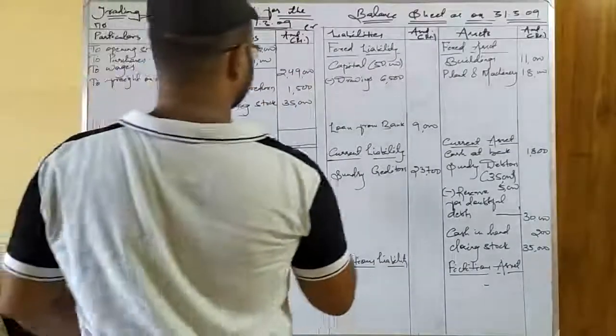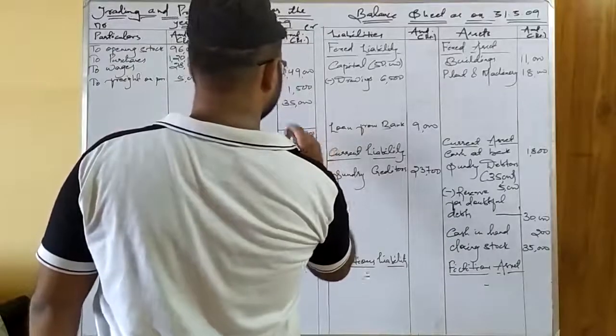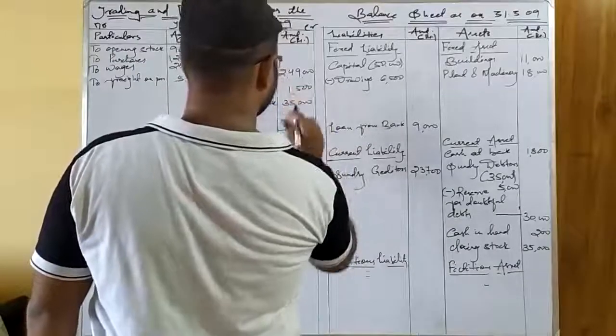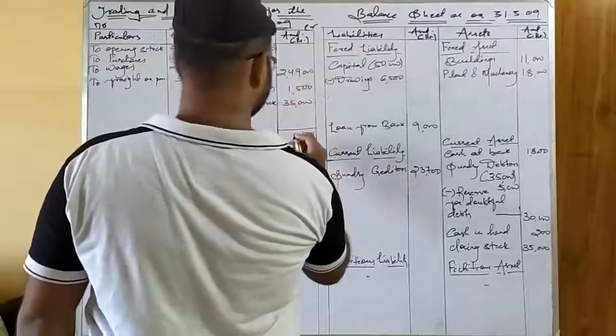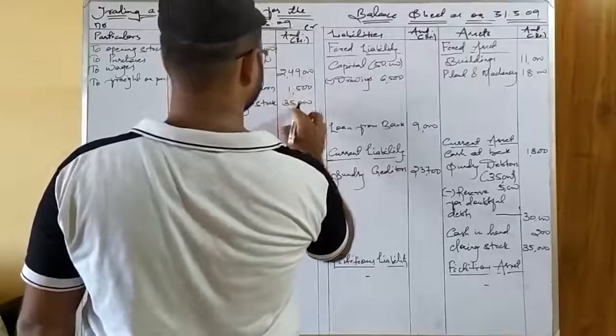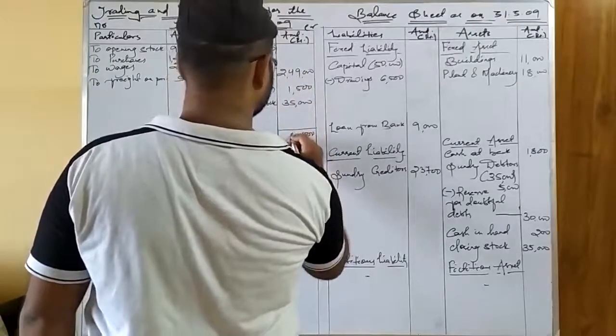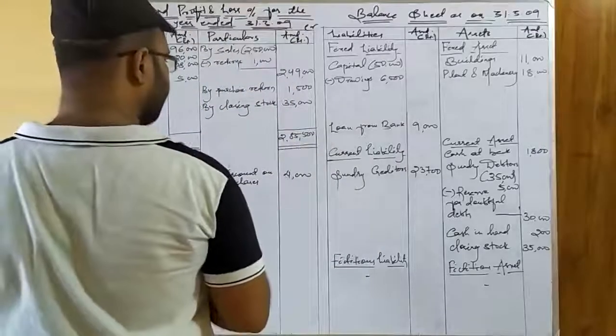Okay. So this total comes here as 5,110. So this total comes 2,85,500.